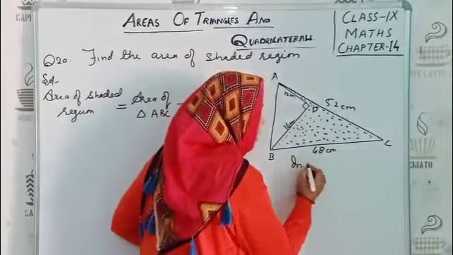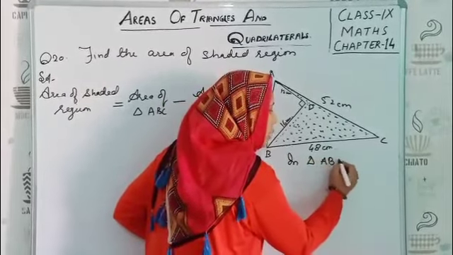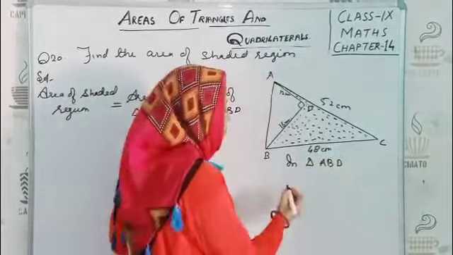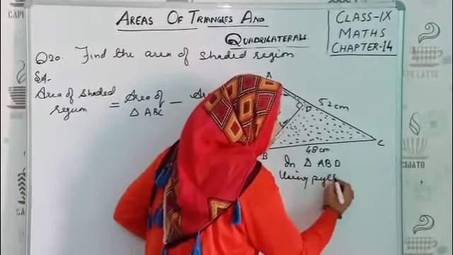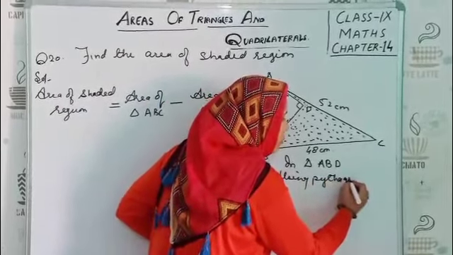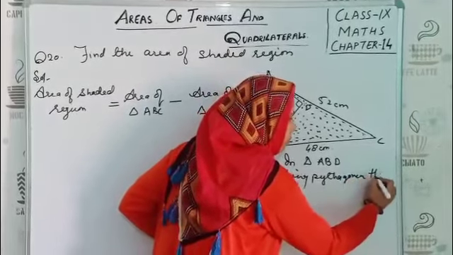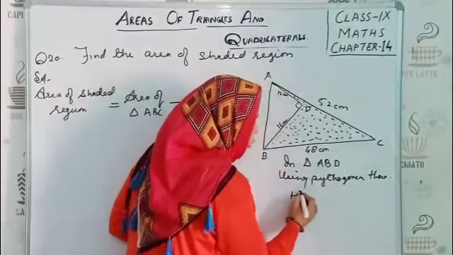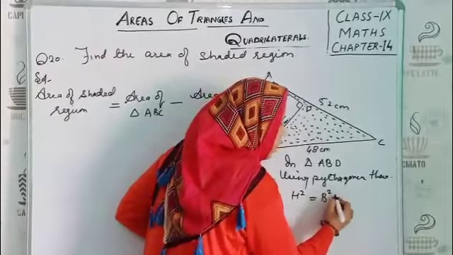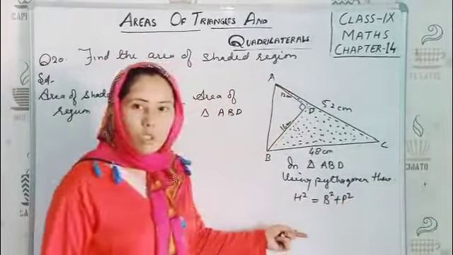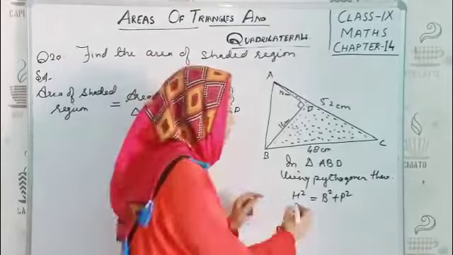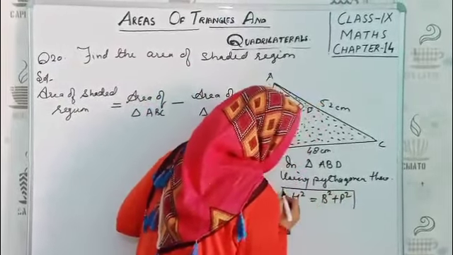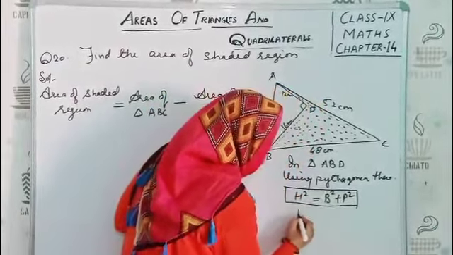So in triangle ABD, using Pythagoras theorem, hypotenuse square is equal to base square plus perpendicular square. This is your Pythagoras theorem. We discussed it in Chapter 1 also. Put values.